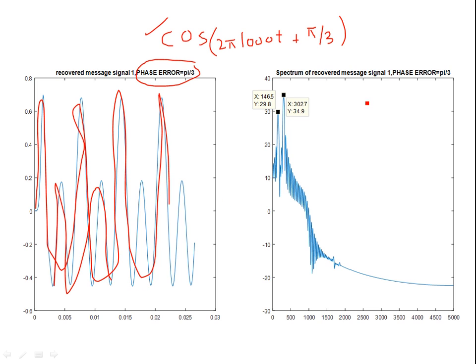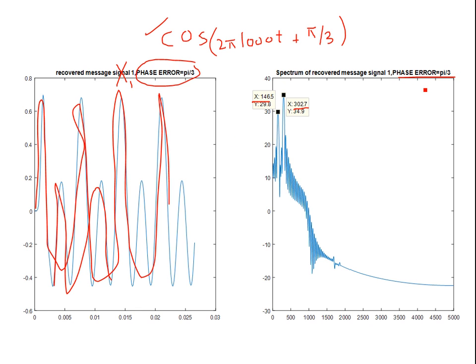This has become so messed up, but anyways, you can see it from here. We have the low frequency and another frequency, but these two frequencies are beating together to produce a signal which is not the signal x1. So we are not recovering the x1 signal over here because of the phase error.